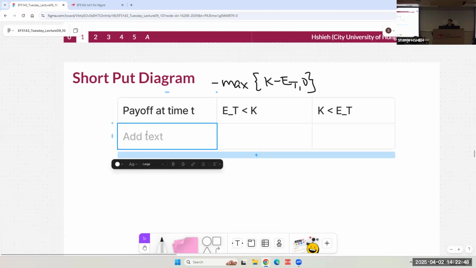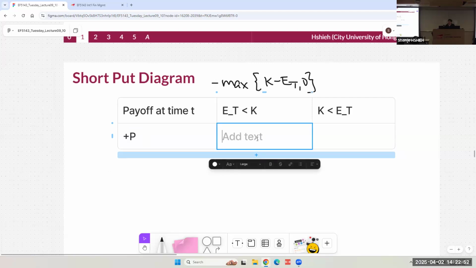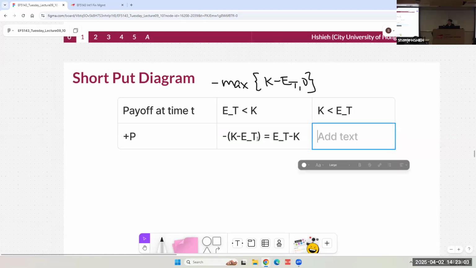Payoff is plus P, right? Payoff when it falls is minus (K minus E_T), which is equal to E_T minus K. And then 0, right?